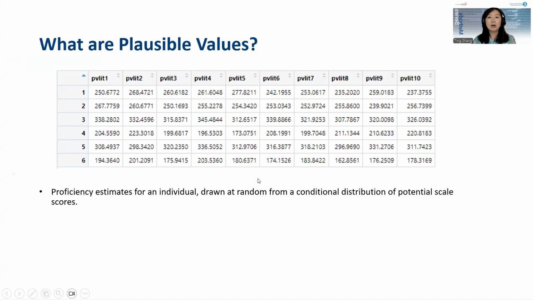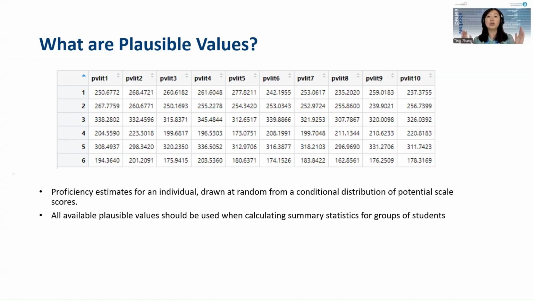From the manual and the documentation, we learned that the plausible values are the proficiency estimate for an individual, drawn at random from a conditional distribution of potential scale scores. When you do the analysis, all available plausible values should be used when calculating summary statistics for a group of students. But why do we have to do that? All right, let's dive into it.